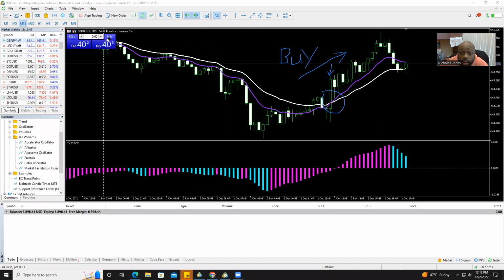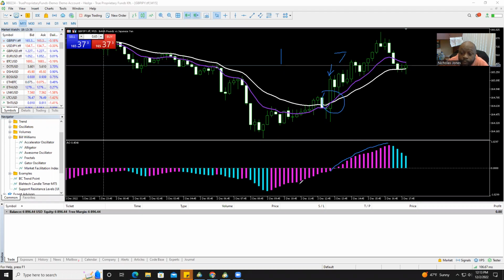We got our crossover here between the moving averages, and then our crossing over the 0 line on the Awesome Oscillator going up into the uptrend, right?